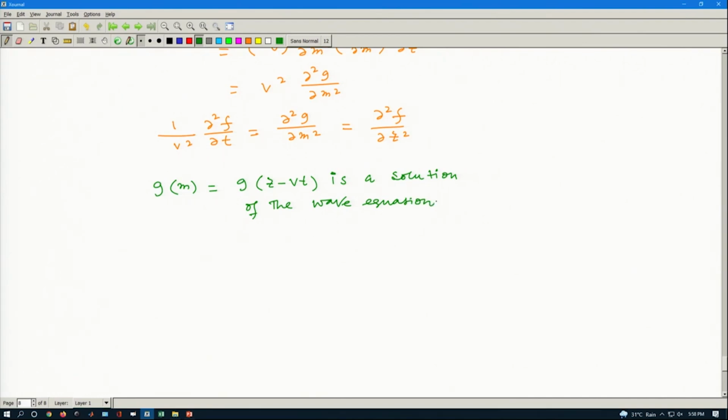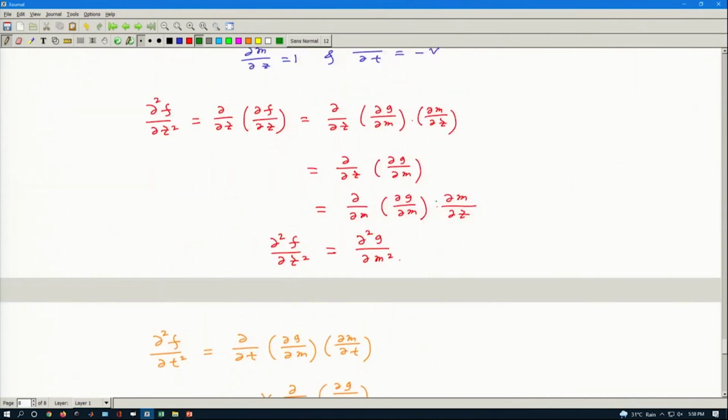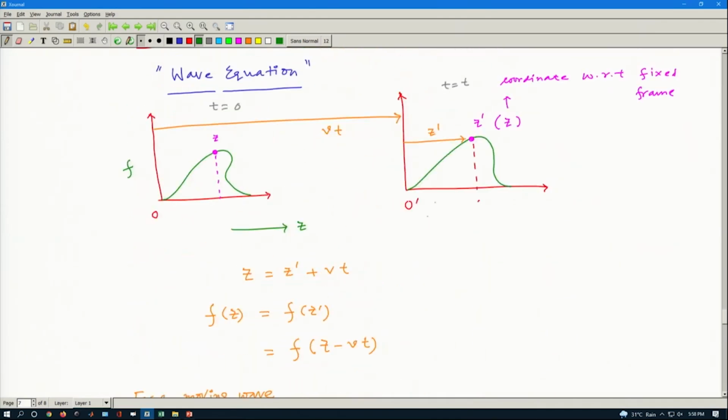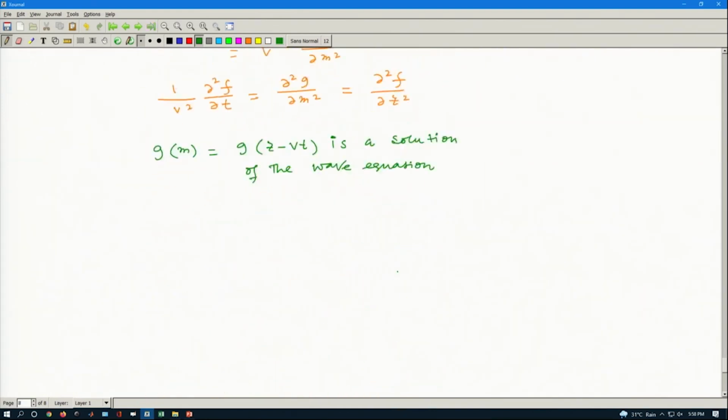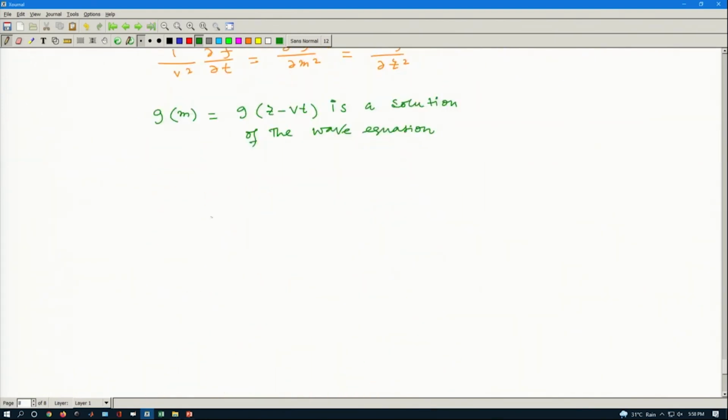And for the most general solution, in a similar way, if the wave is moving not to the right hand side but the left hand side with a negative velocity, then I should have another solution. So, for negative v, moving in the opposite direction, I should have another solution which is g of z plus vt.